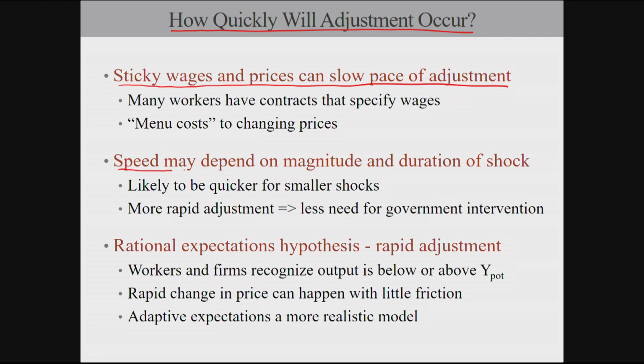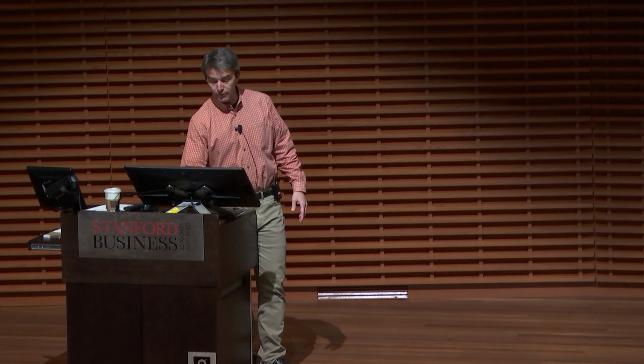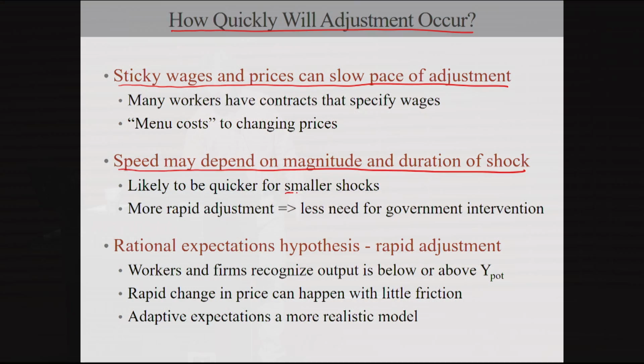The speed of adjustment could depend on the magnitude and the duration of the shock. So if we have a smaller shock, the adjustment is likely to be quicker, whereas a really big shock, like we saw in 2007 and 2008 when housing prices fell massively and the stock market fell by more than 50%, may have taken more time.